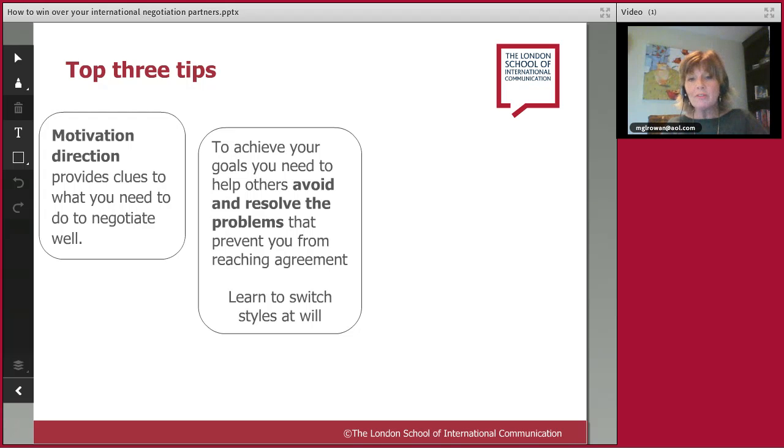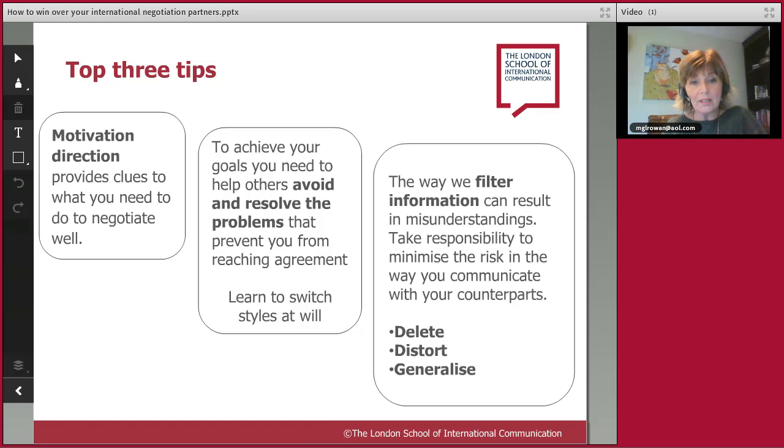But the thing that will prevent everything being agreed is the big problem that never came out because you didn't ask the questions to find out what was behind the need for communication, what's behind the need for collaboration. So learn to switch styles and learn to dig to find out the motivation direction to make sure that you can switch styles and match their need.